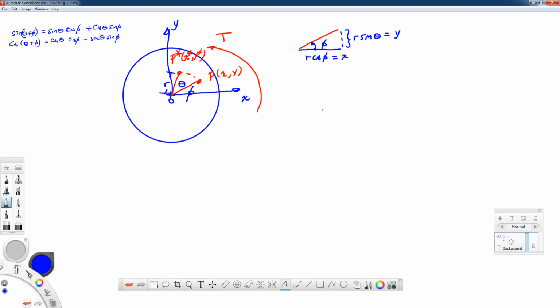So if we want to look at the displacements of the points, the displacement in the x direction, the u displacement, is equal to the x position, the final, minus the initial, and the displacement in the y direction, the v displacement, would be the final y position minus the initial y position.